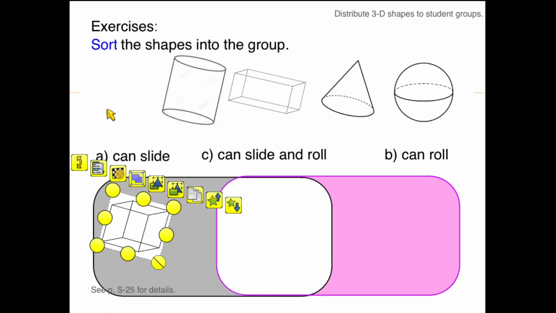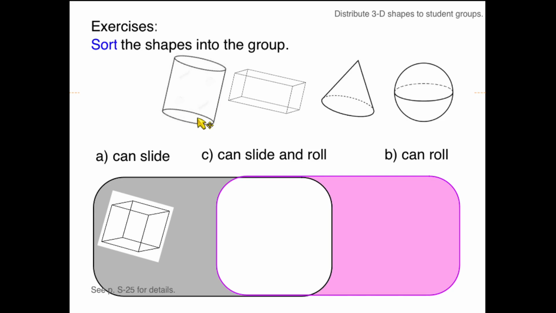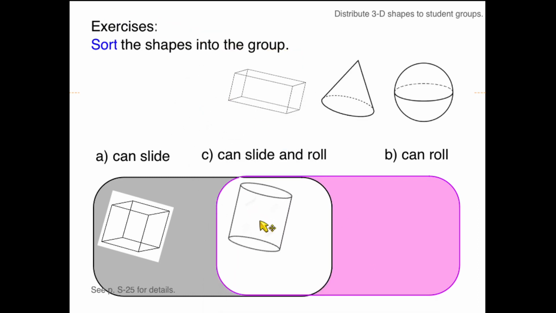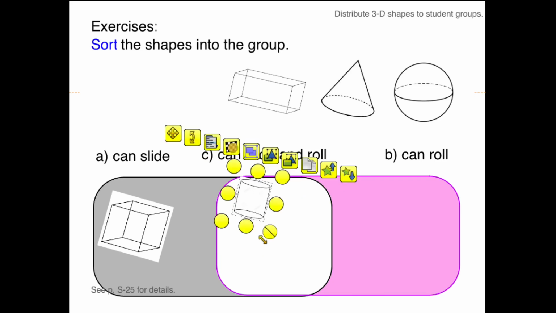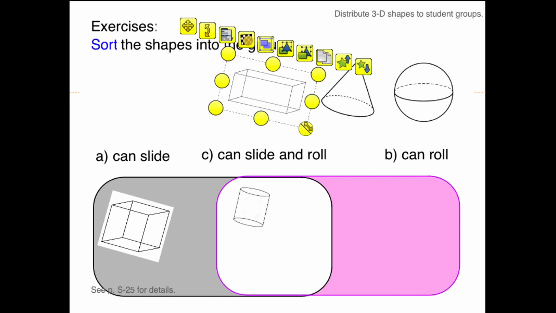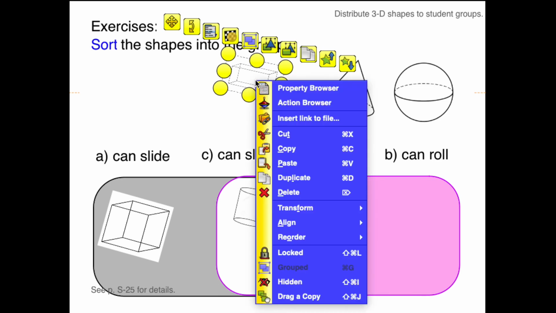It can slide. This has flat faces, so it can slide, but it also has a curved face, so it can roll. And apparently I have to bring it to the front. Make it smaller to fit. This only has flat faces. It cannot roll, but it can slide.